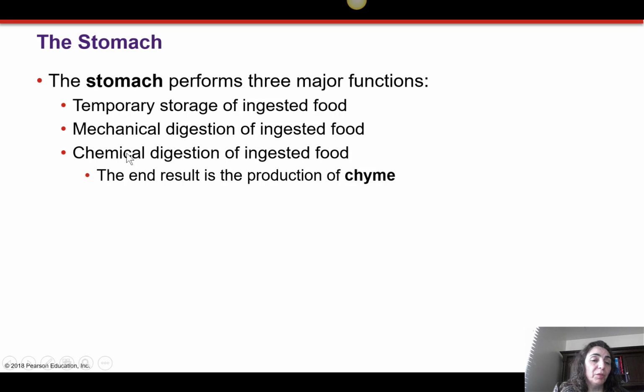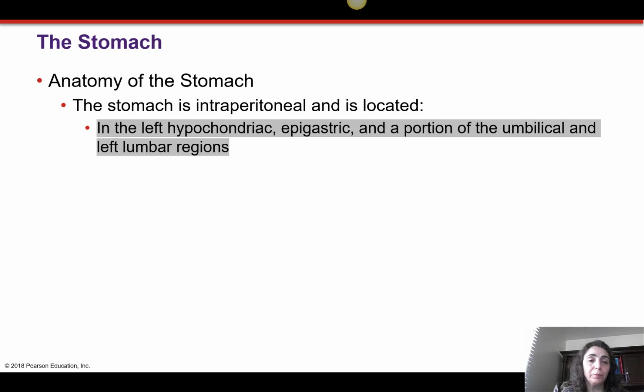Also, some chemical digestion of the ingested food starts in the stomach. The end result of the bolus that entered the stomach is the production of chyme. All the material that mixes and breaks down, when it gets out of the stomach, we call chyme.